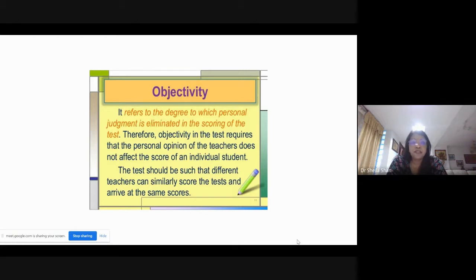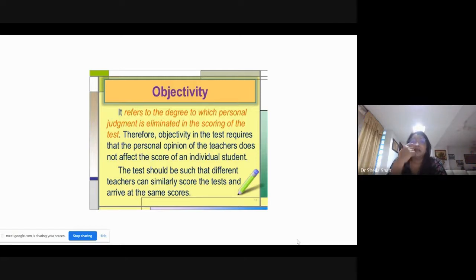Objectivity. It refers to the degree to which personal judgment is eliminated in scoring of the test, to avoid bias. Therefore, objectivity is required in the test. The personal opinion of the teacher does not affect the score of an individual.